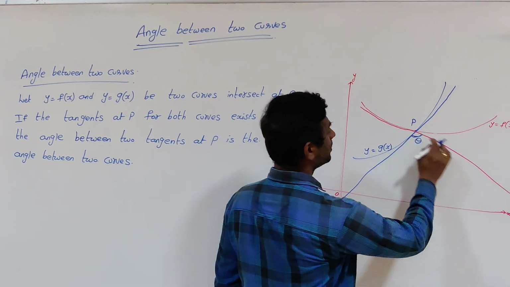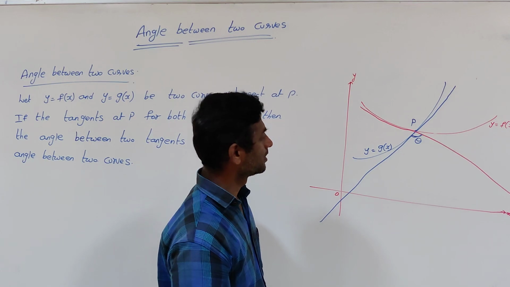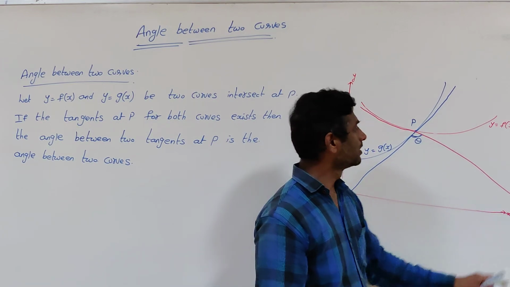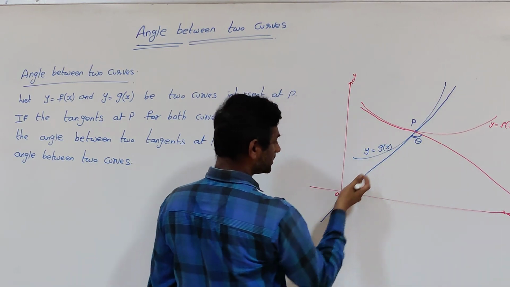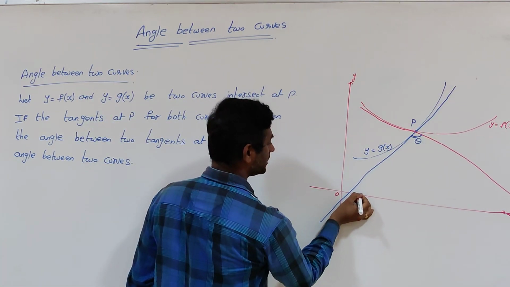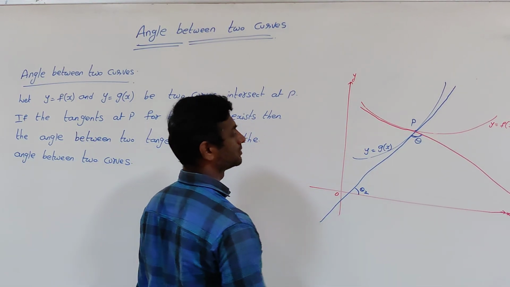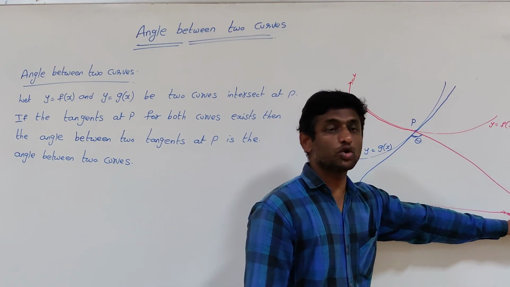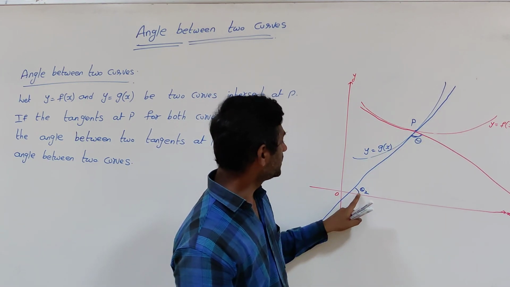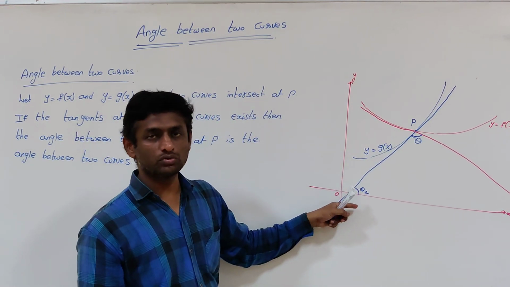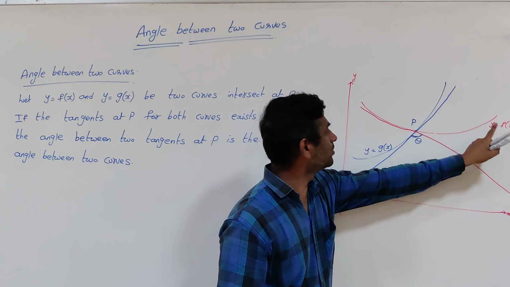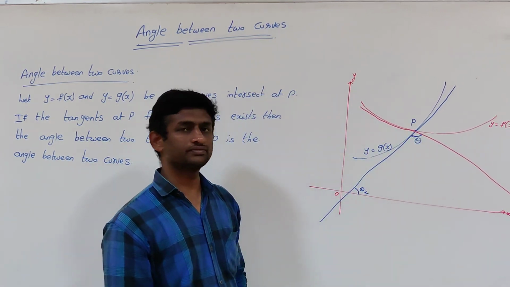Assume that the tangent line passing through P meets the x-axis with an angle theta 1. Now there is one more tangent line for the g of x graph. This tangent line meets the x-axis and makes an angle theta 2. Here tan theta 1, the slope m1, is the slope of the function f of x at point P, and tan theta 2, the slope m2, is the slope of the curve y is equal to g of x at the point P.